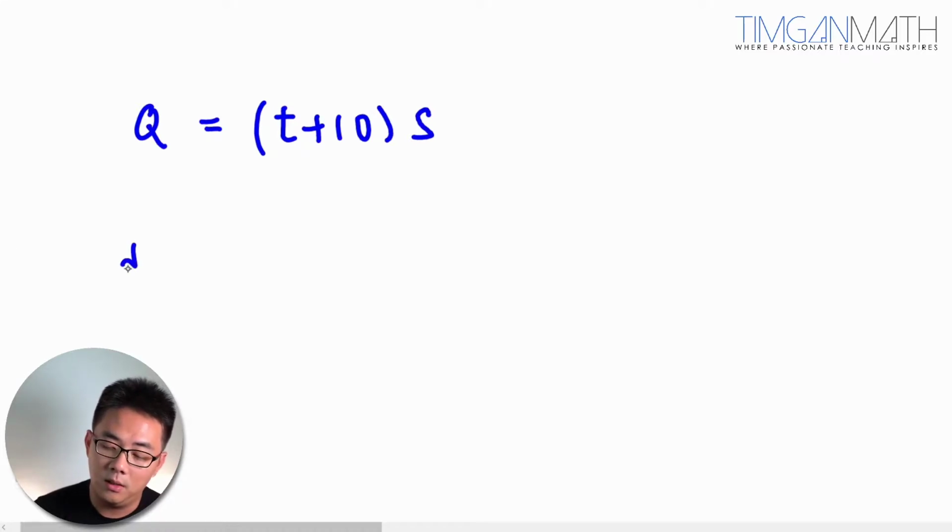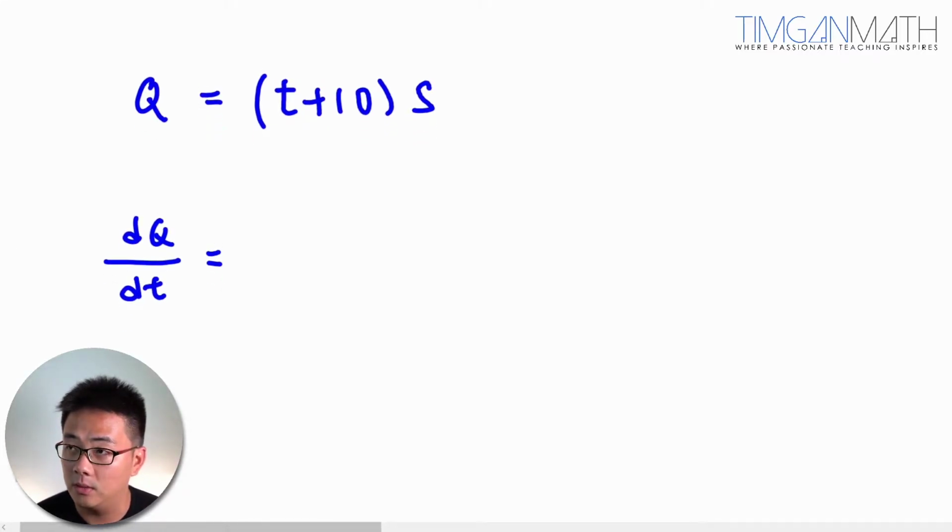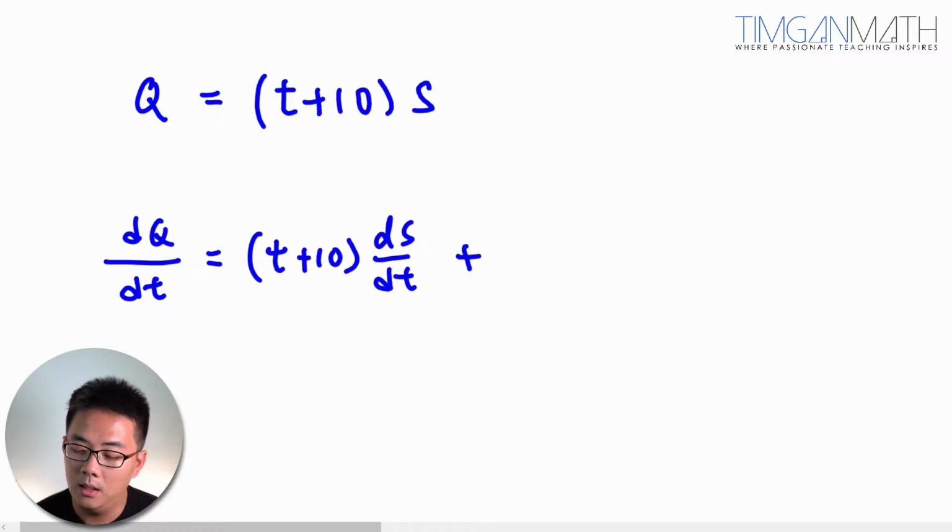So for dq/dt, just differentiate with respect to t. This will be (t plus 10), and we're just going to use the chain rule, right? 10 plus 10 ds/dt plus s times 1. That's all, just 1. Product rule.